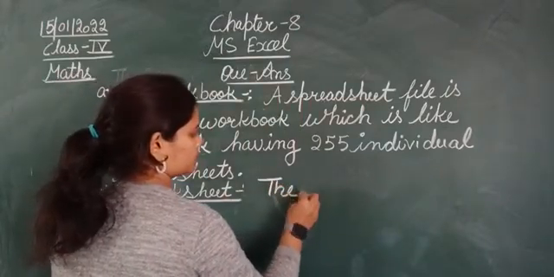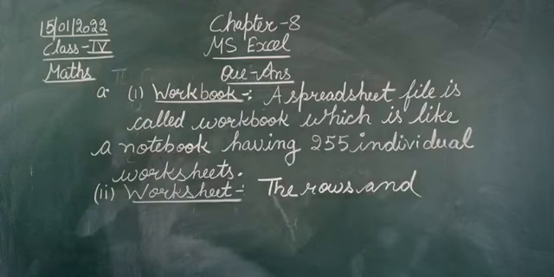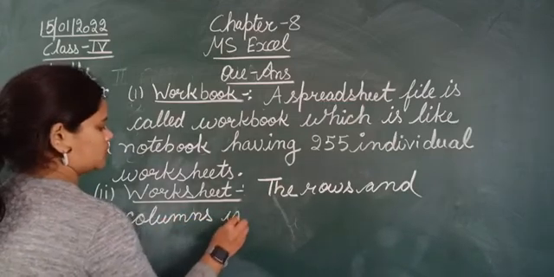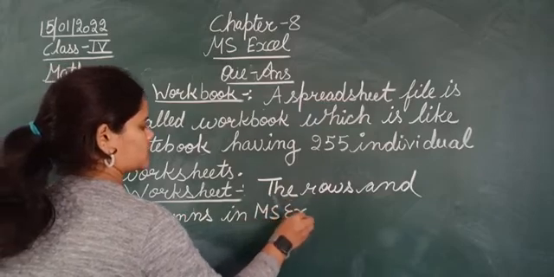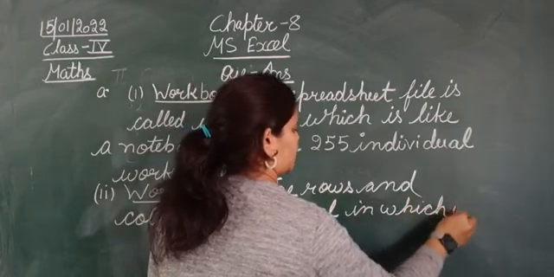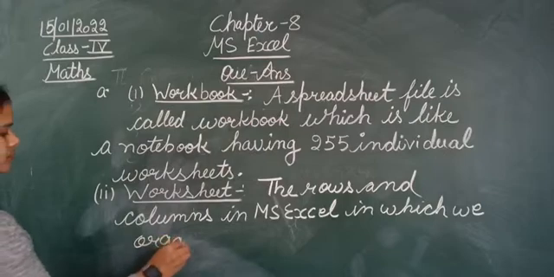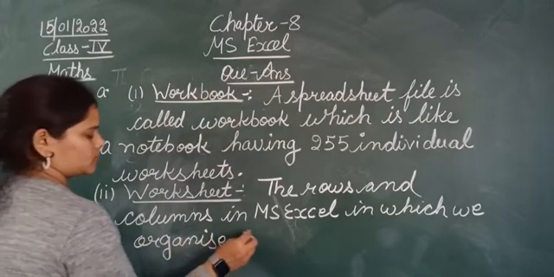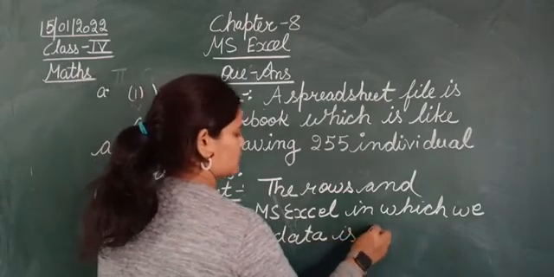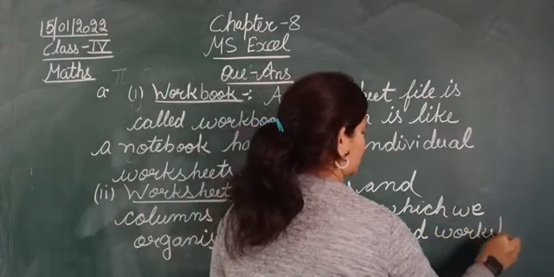The rows and columns in MS Excel in which we organize our data is called worksheet.